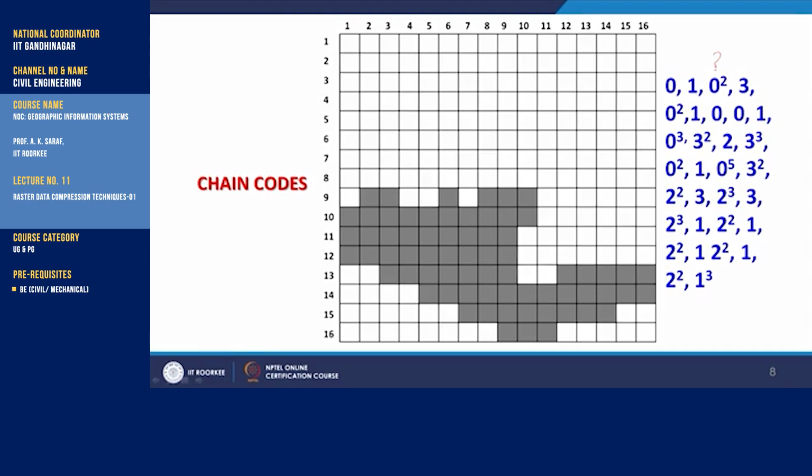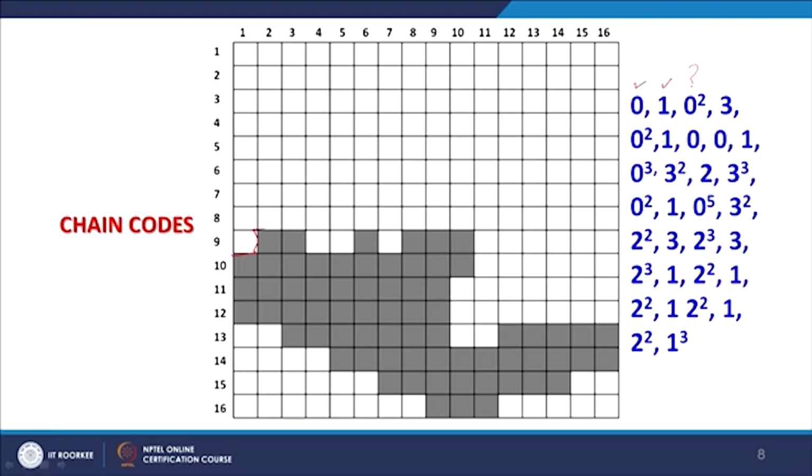So we start with a 0, that means we are moving towards the east direction, 0 for east, then one cell towards the north, then two cells towards the east, then 1 cell towards the south, and then again 2 cells towards the east.